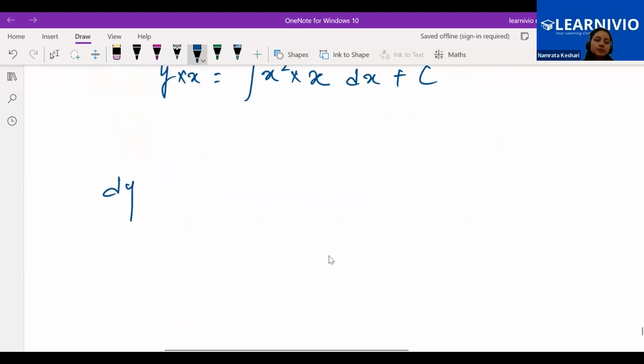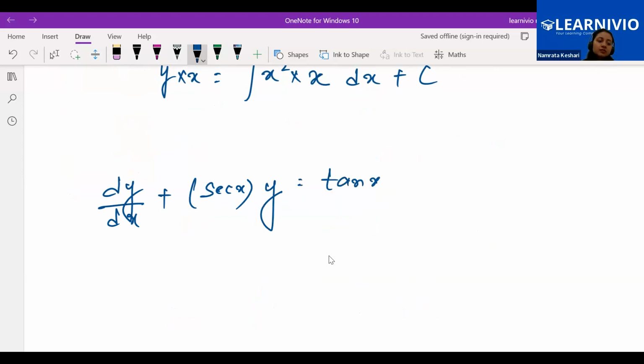dy by dx plus sec x into y is equal to tan x. Integrating factor is e raised to integral of sec x dx.